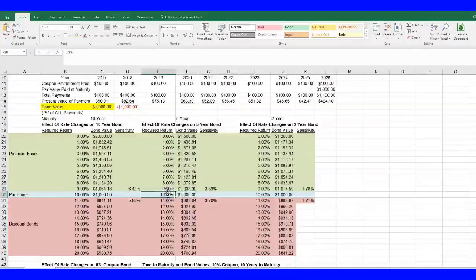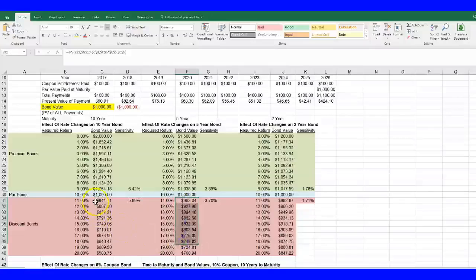However, that same 1% decrease in required returns from 10% to 9% that caused a 6% increase in the value of the 10-year bond only causes a 3.89% increase in the value of the 5-year bond. Likewise, as required rates of return exceed the coupon interest rate, we see the value of the bond fall.